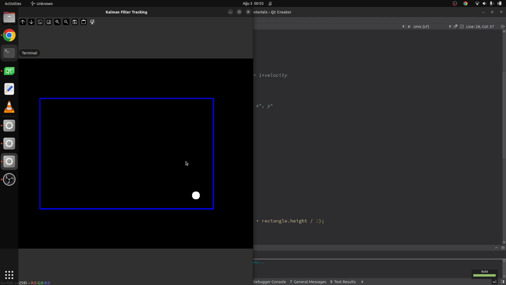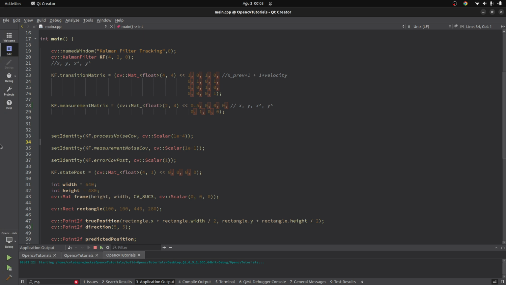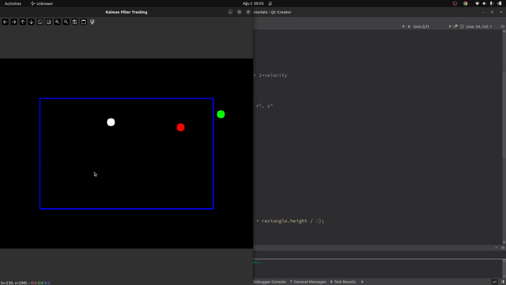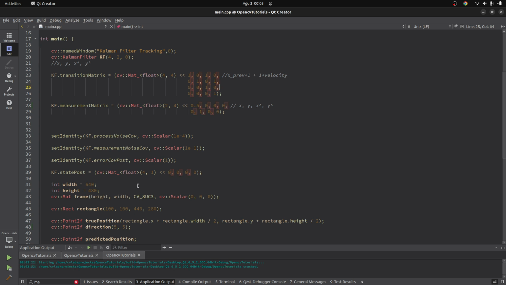Now the coordinate is 280, so we need to multiply this by 2. 280 is approximately 560. You see the x value of this green Kalman estimation is also approximately 560. So this is just scaling the x dimension.